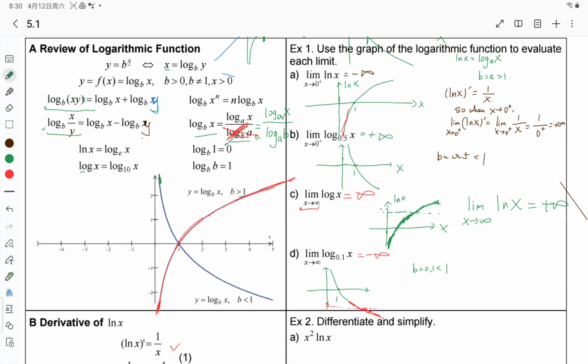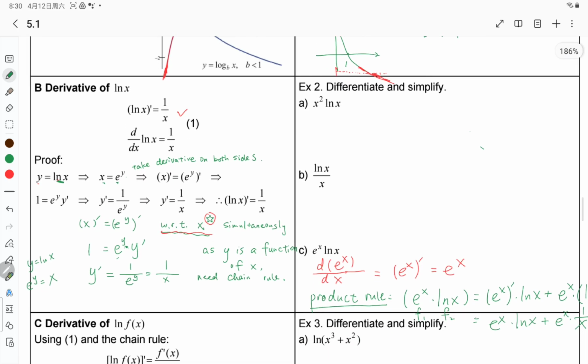And when b is less than 1 but also greater than 0, it's a decreasing logarithm function shape, like this blue function.